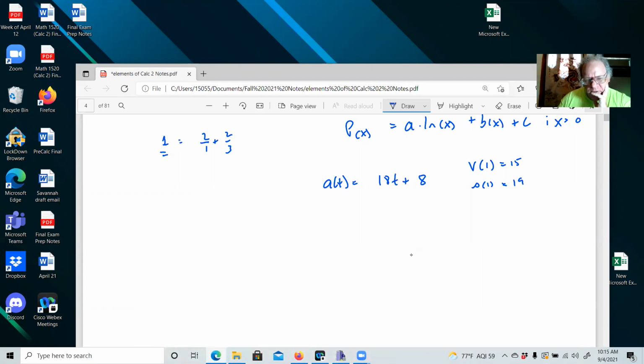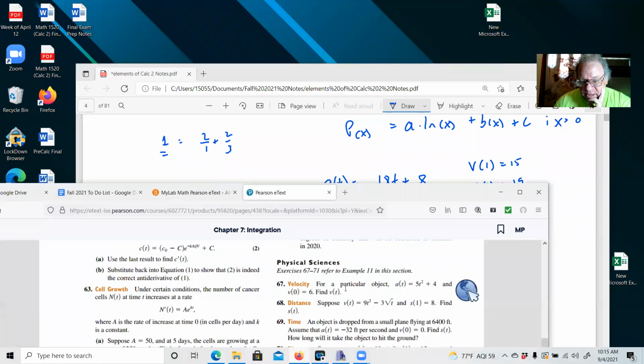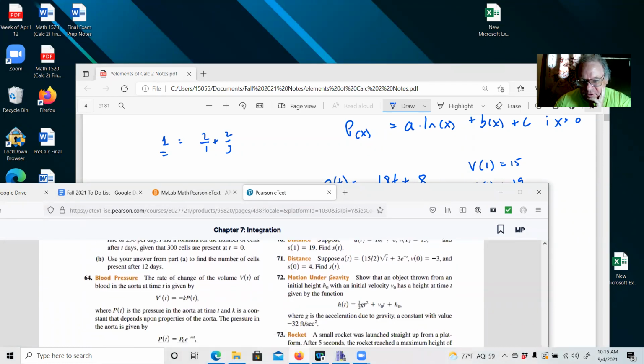All right, so we know the derivative of velocity is acceleration, so the integral of A of t is going to give us velocity. And since in the end we want position, find S of t.